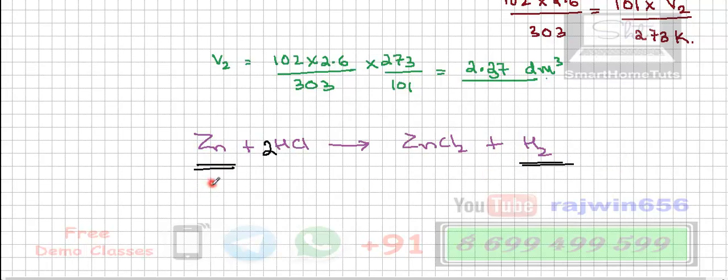The mole ratio is 1:1. So 1 mole of zinc will give me 22.4 dm cube of H2. I'm taking it directly.